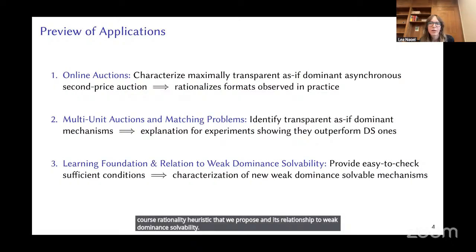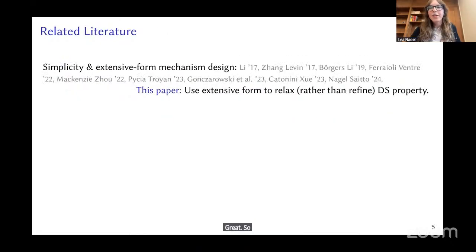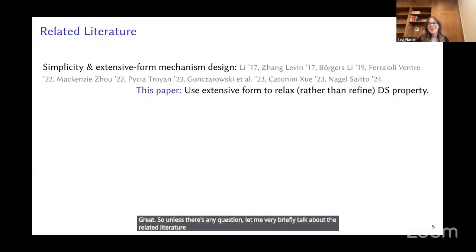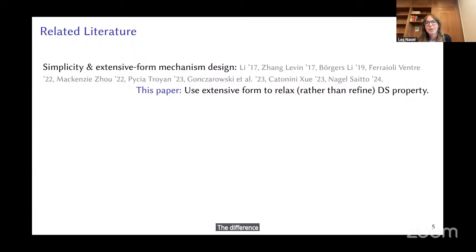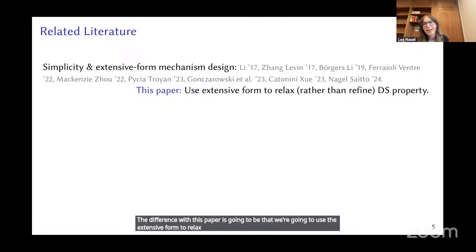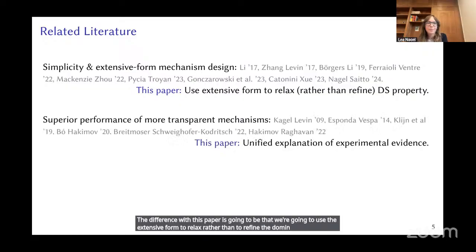Okay, great. So unless there's any question, let me very briefly talk about the related literature. In spirit, we're really most related to the recent literature on simplicity and extensive form mechanism design. And unlike some of the key papers in this literature, the difference with this paper is that we're going to use the extensive form to relax rather than to refine the dominant strategy property.